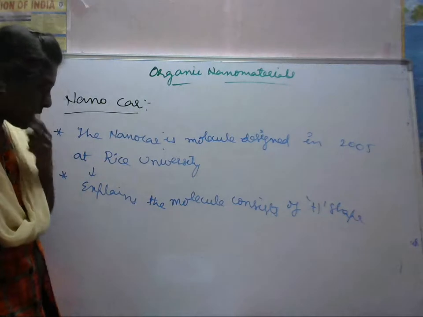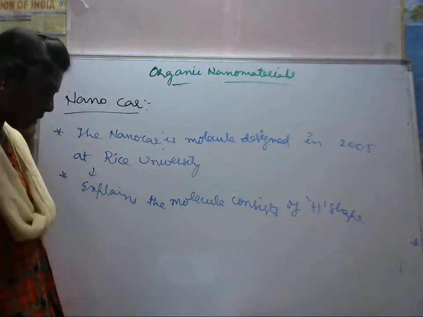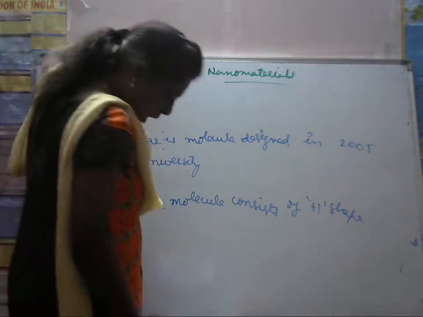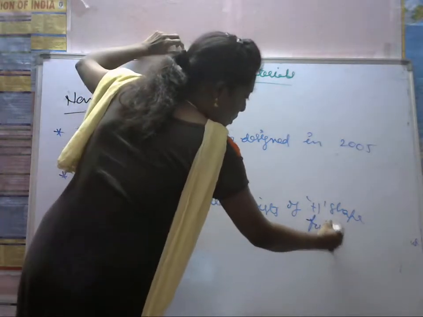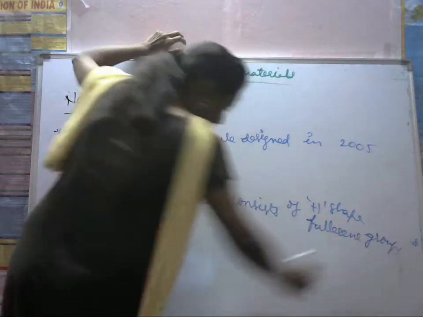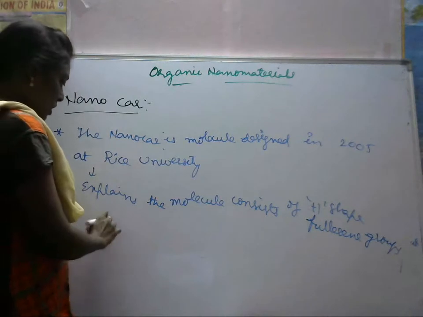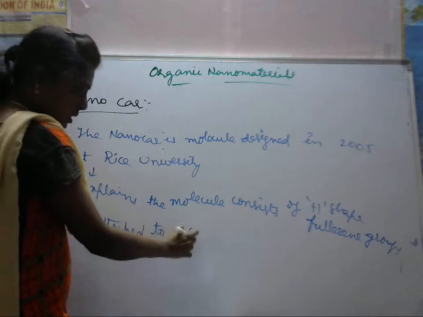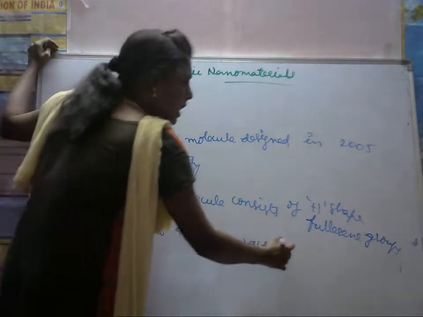It consists of an H-shaped chassis with fullerene groups attached to the four corners. These act as wheels.